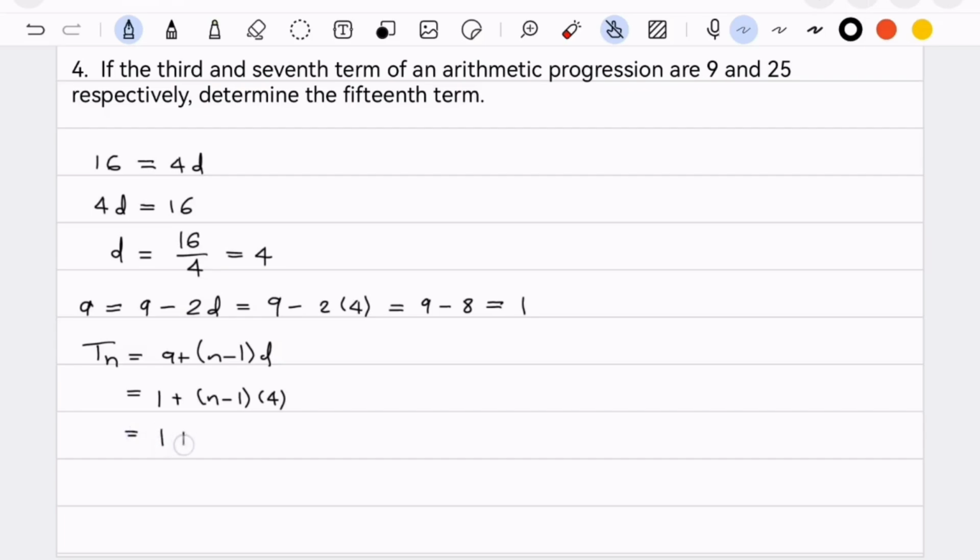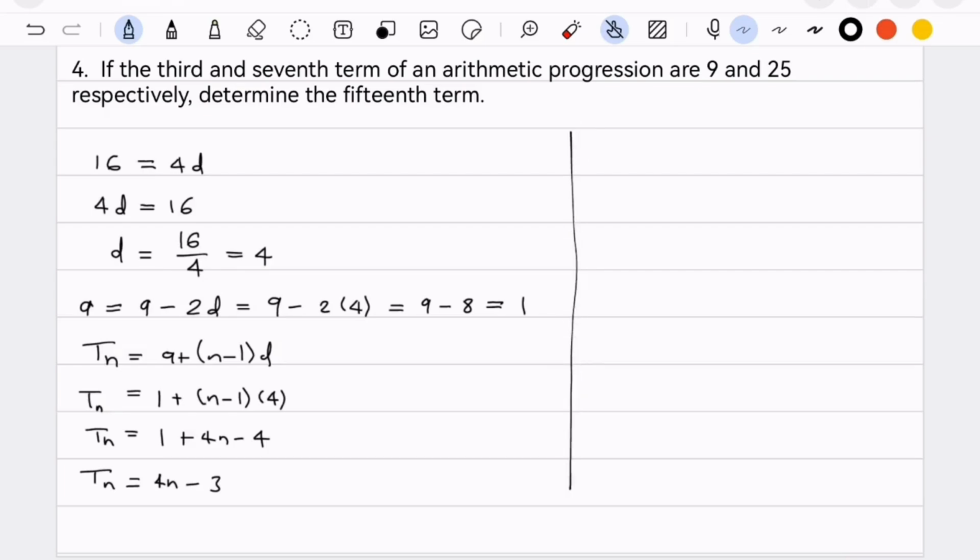So this will be 4n minus 4. Therefore Tn equals 1 minus 4, that's negative 3, so 4n minus 3, right?